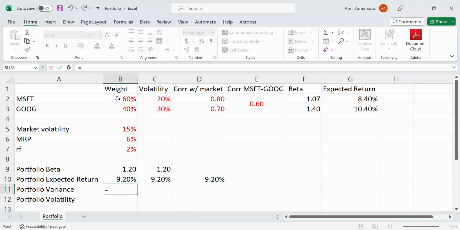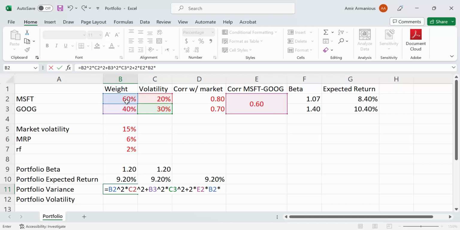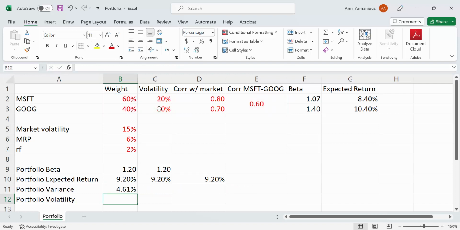The formula is: get the weight of the first company to the power 2 multiplied by its volatility, or standard deviation, to the power 2, plus do the same with the second company, its weight to the power 2 multiplied by its volatility to the power 2, plus, since we have two firms here, 2 times the correlation between these two firms, which is Microsoft and Alphabet, Google, times first weight times second weight times first volatility times second volatility. So this will be our portfolio variance.